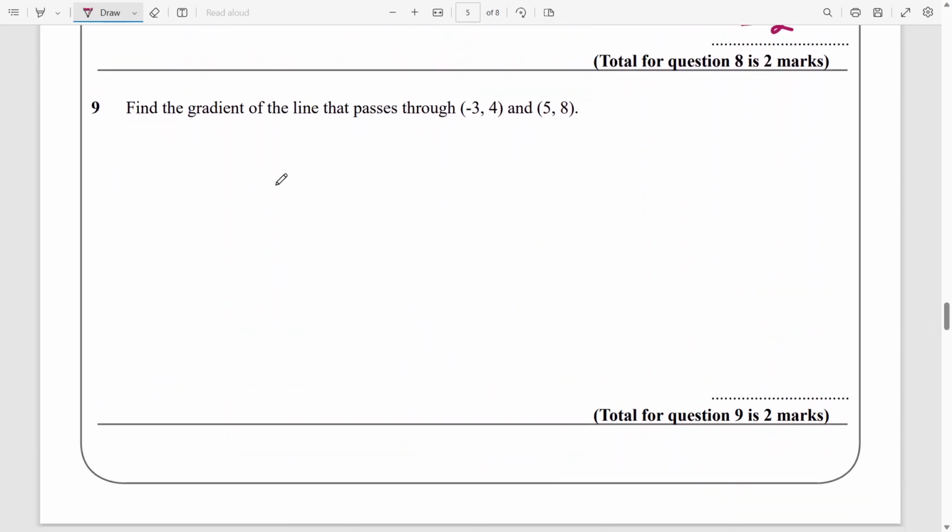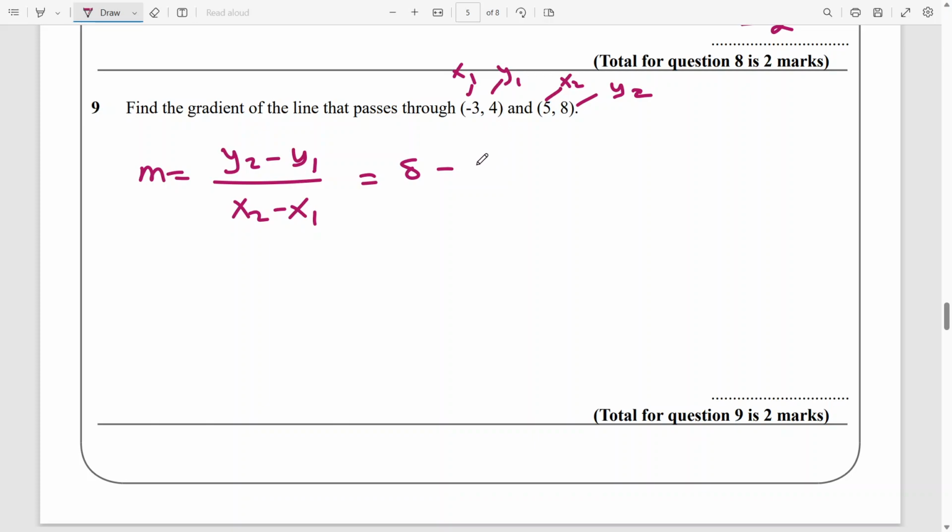And then for this one, we want to work out the gradient of these two coordinates. Again, the gradient is given by the formula y2 minus y1, x2 minus x1. Now this is x1, y1, x2, y2. So y2 is 8.